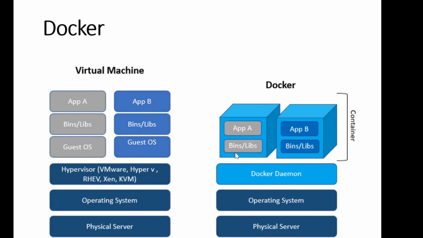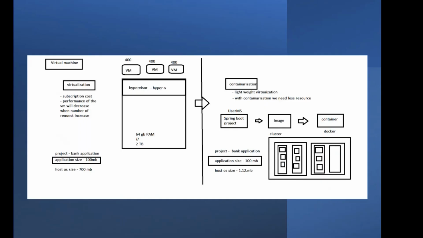Now the question is, you're moving from this VM approach to the containerization approach. Industry is moving. What is the advantage? Why are we moving from this VM approach to the containerization approach, right? Let's understand it using this slide. This slide will give you the complete idea.